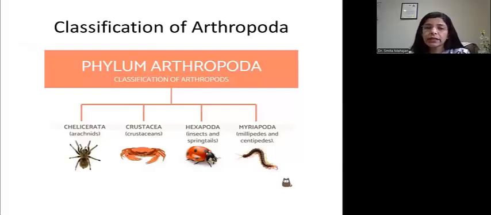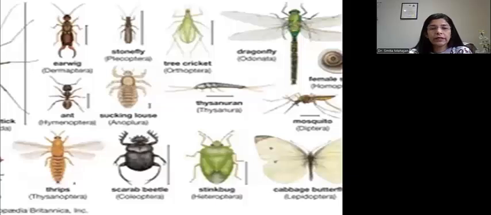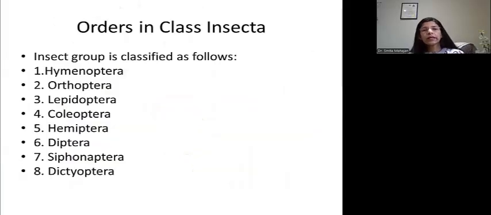Myriapoda are millipedes and centipedes, the worms. So these are different insects. The insect group is classified as follows: Hymenoptera, Orthoptera, Lepidoptera, Coleoptera, Hemiptera, Diptera, Siphonoptera, and Dictyoptera.